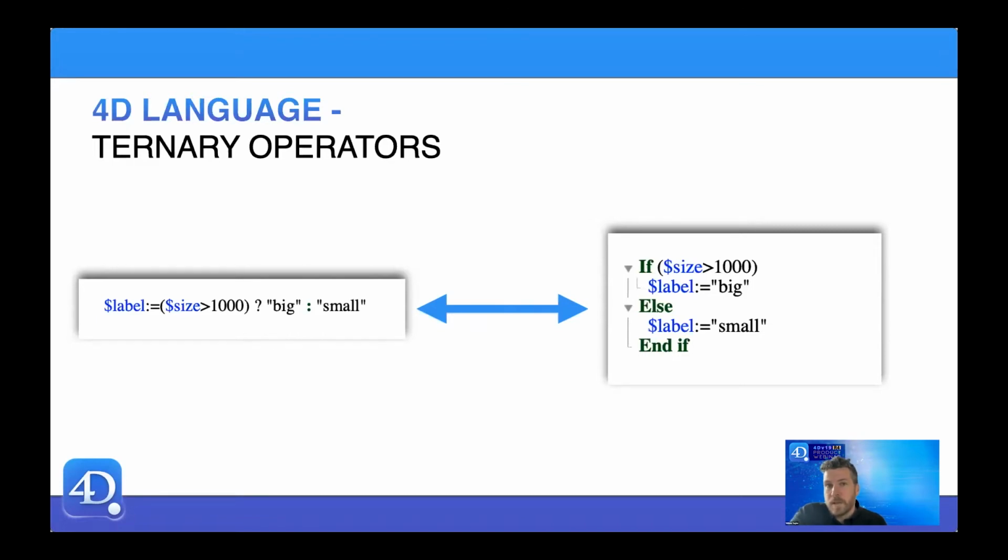So if you use colons in variables, functions, or names for whatever reason, I recommend you change that in order to move to 4D v19 R4. And for more information about other changes, I always invite you to look at the documentation with the release notes.